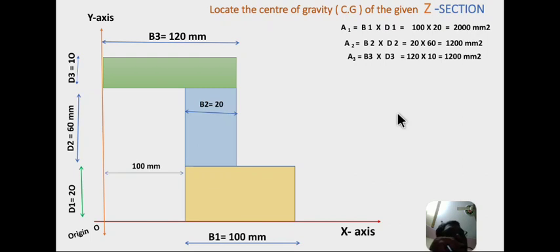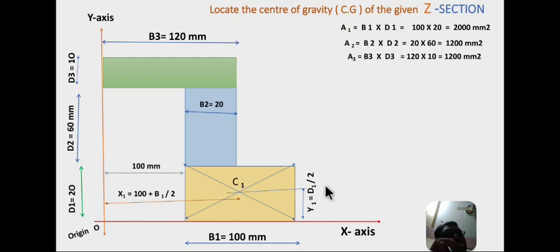Now I am drawing the diagonal lines to locate the individual centroids, where C1 is the centroid of the bottom rectangle at a distance of x1. x1 equal to gap 100 mm plus base B1 by 2. Next, y1 equal to height D1 by 2.